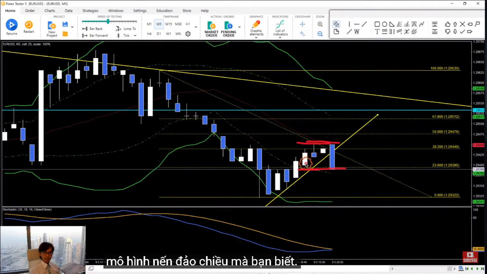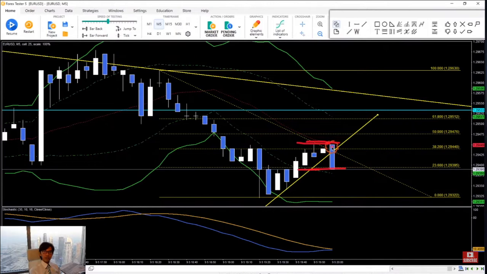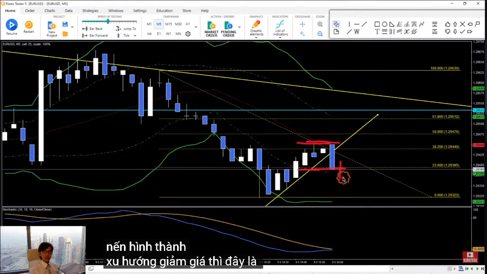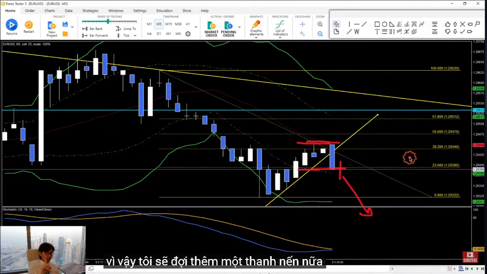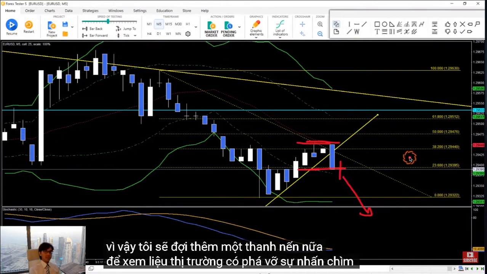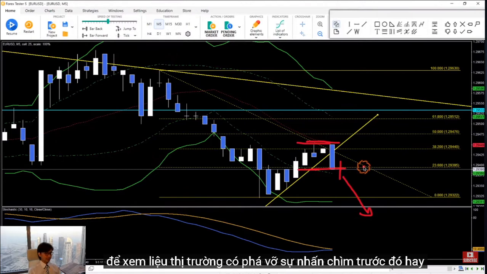You know, bullish candle, bearish candle, bullish candle, and on the 4th candlestick it became bearish, and it included all the 3 past candles. So if the next candlestick forms bearish, then this is a good sign for this continuous downtrend. So I will wait 1 more candlestick to see if the market breaks the previous engulfing outside bar.